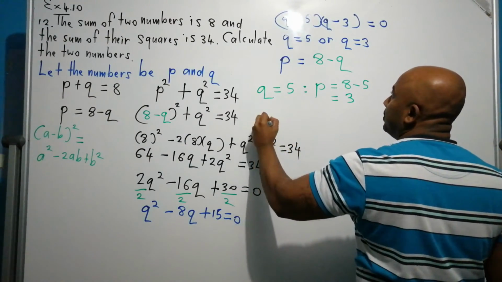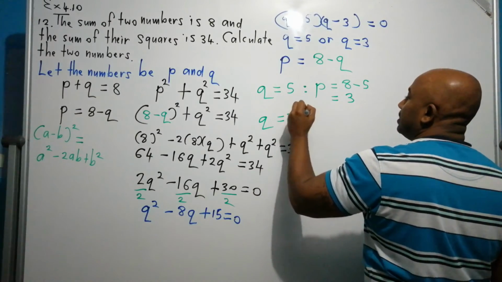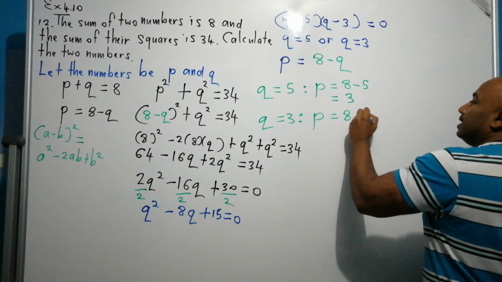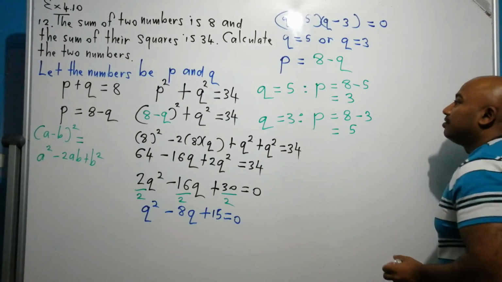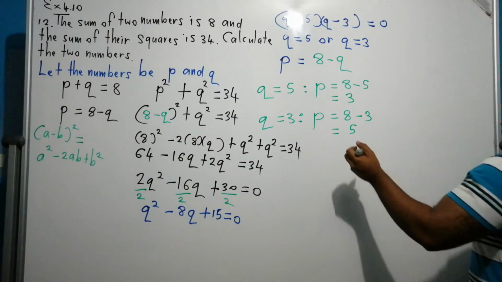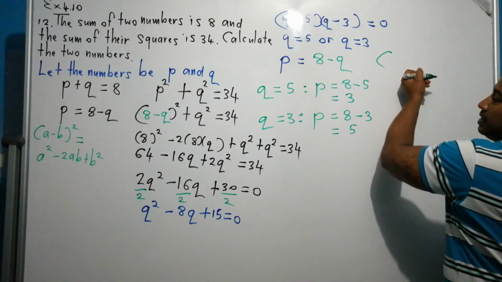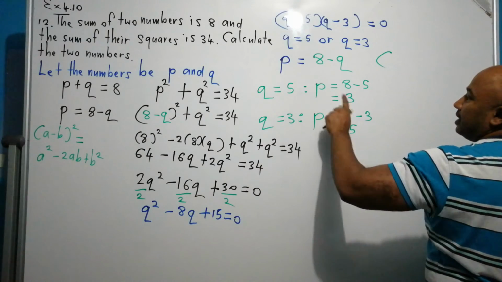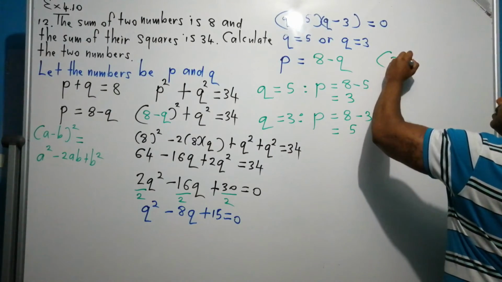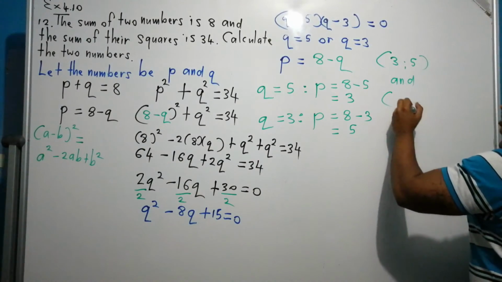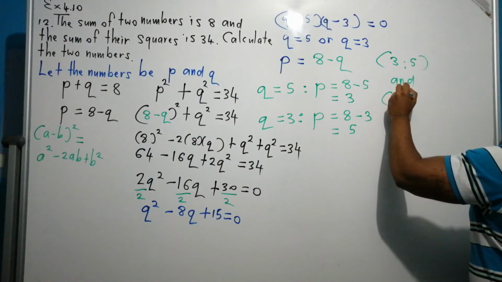And then when q is equal to 3, p is equal to 8 minus 3, which is equal to 5. So we got a combination here of, what was it, pq. So we're going here 3, 5 and 5 and 3.